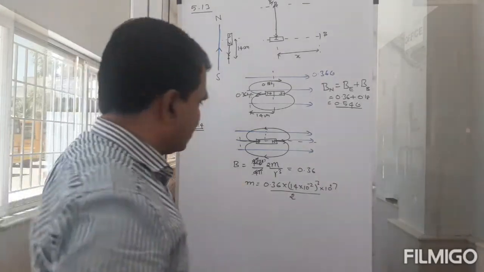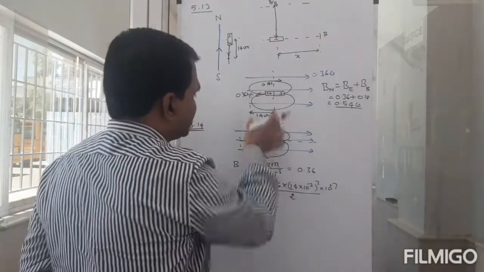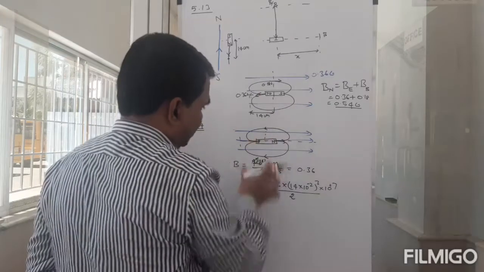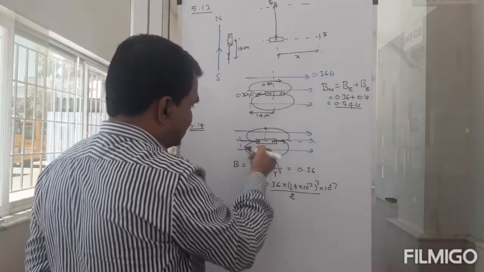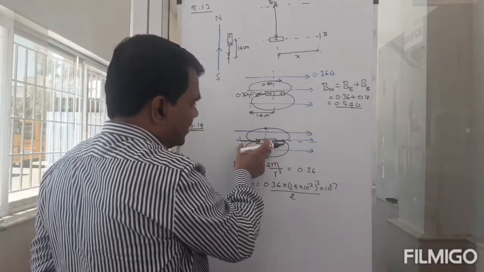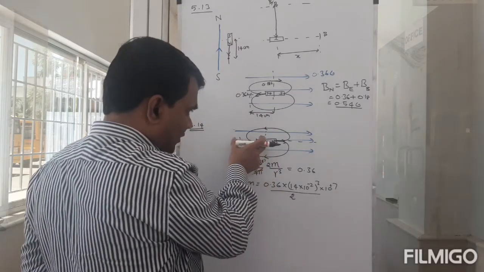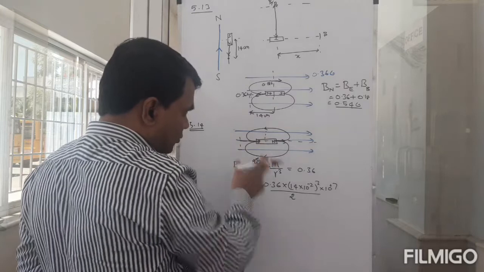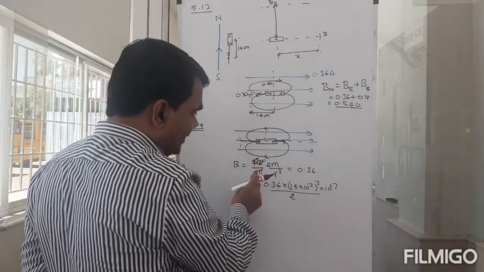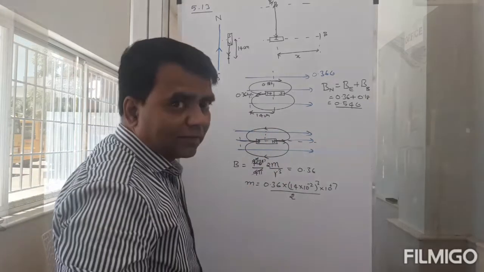I hope you understand this. What I have done here, using this example, is find m. I know that at 14 centimeters, the magnetic field strength of this magnet was equal to the Earth's magnetic field along the axial line. Using that information, I find the m of the bar magnet.